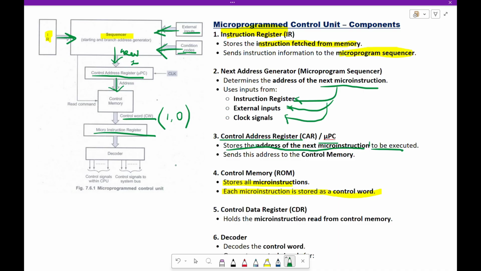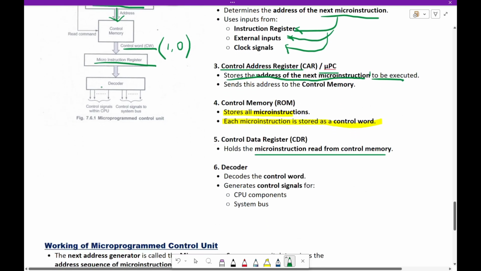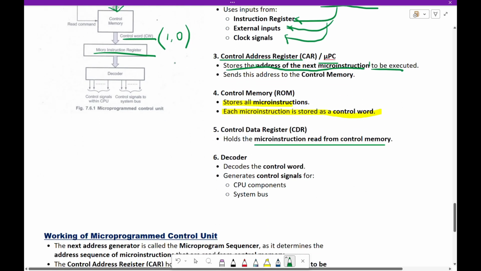And the control data register, CDR, holds the microinstruction read from control memory, and the decoder decodes the control words, which are in binary form, to generate control signals for the CPU components and system bus.